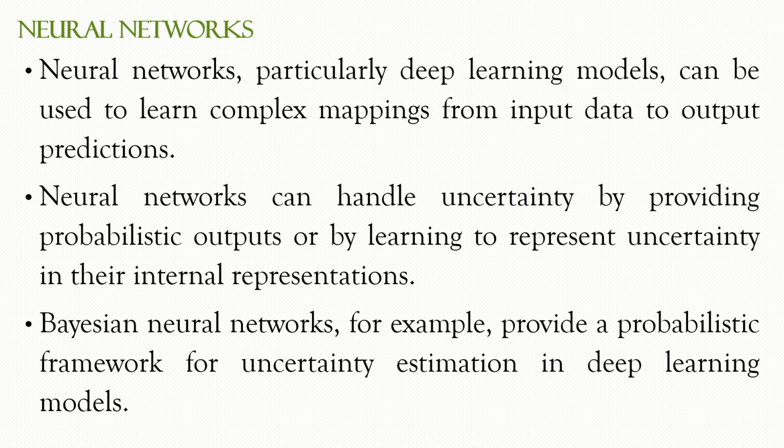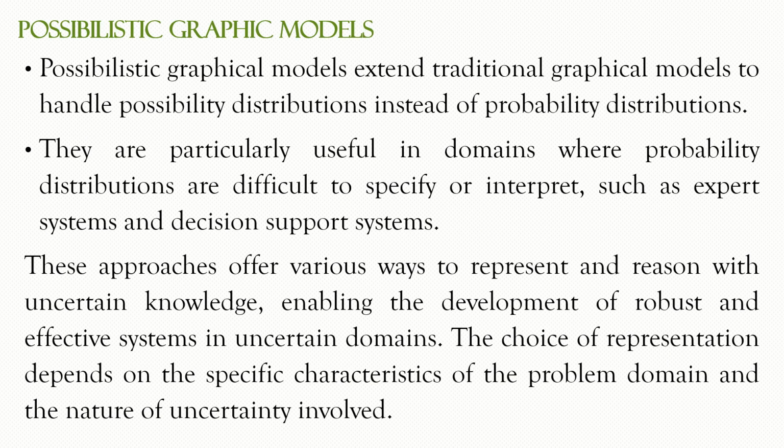Deep learning models in particular can be used to learn complex mappings from the input data to the output predictions. These neural networks can handle uncertainty by providing probabilistic outputs or by learning to represent the uncertainty in the internal representation. So the Bayesian neural networks, for example, can provide a probabilistic framework for uncertainty estimation in deep learning models.